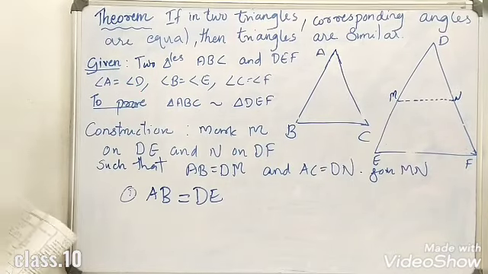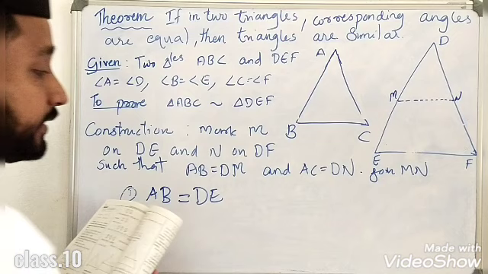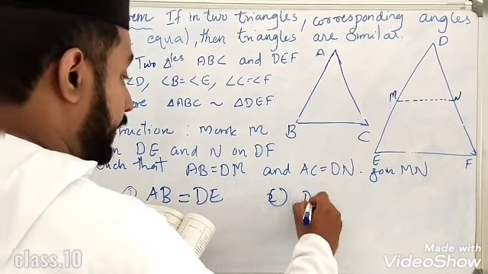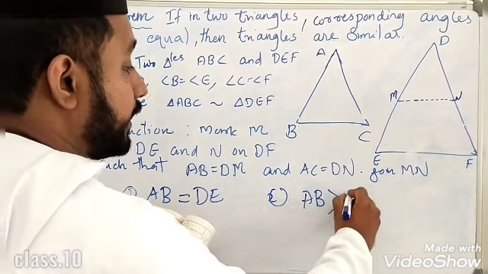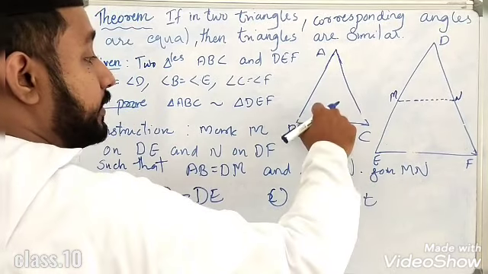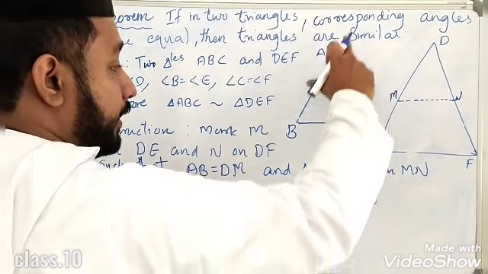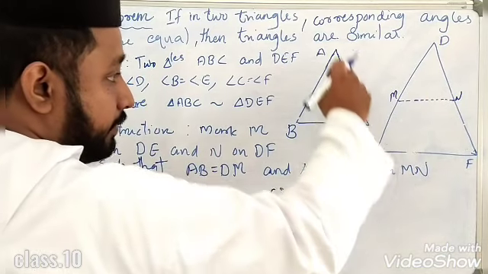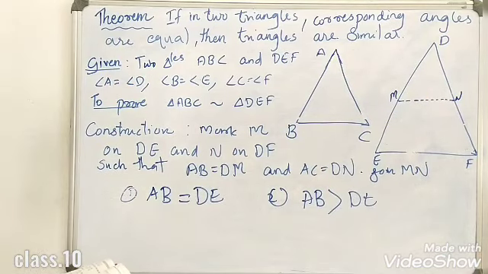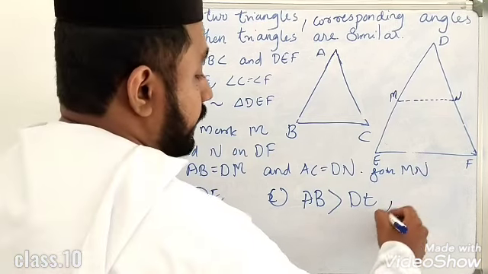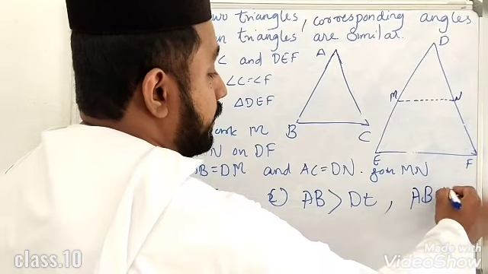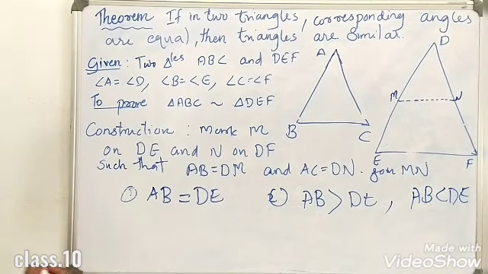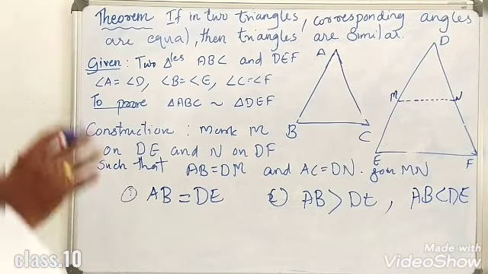Then the second one is AB greater than DE, so another bigger triangle. Then the third one is AB less than DE.